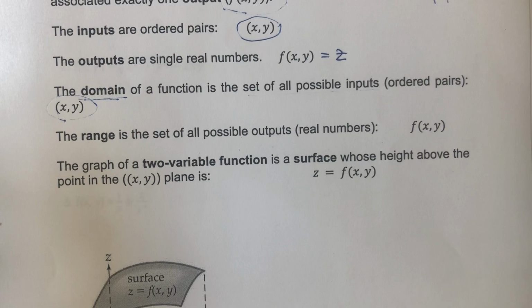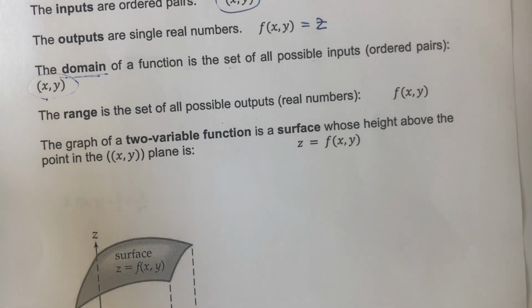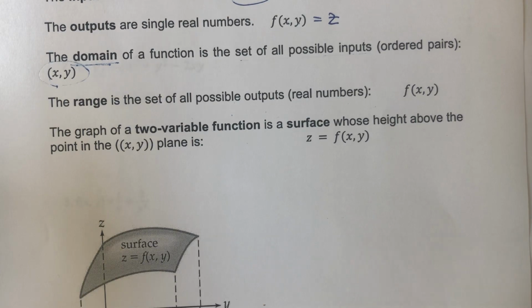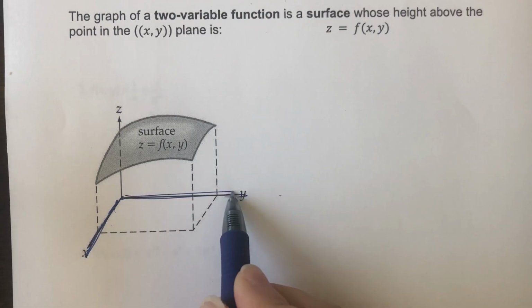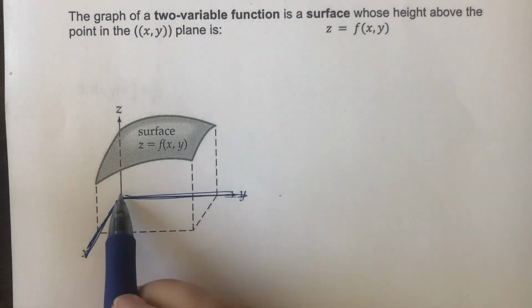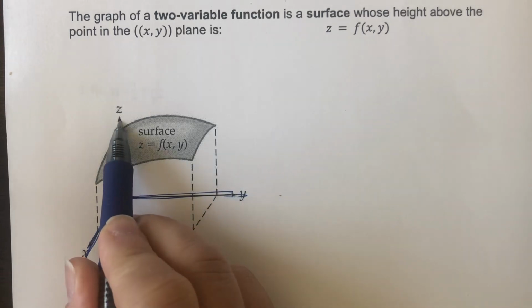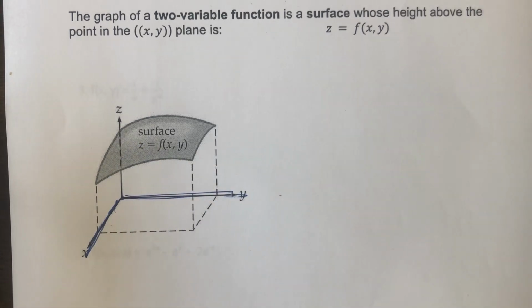Now, the question really becomes, what will the graph of a 2 variable function even look like? As I said, you now need an x value and a y value as your input. What does that give you? A value z. So you really have a 3-dimensional problem that you're looking at.